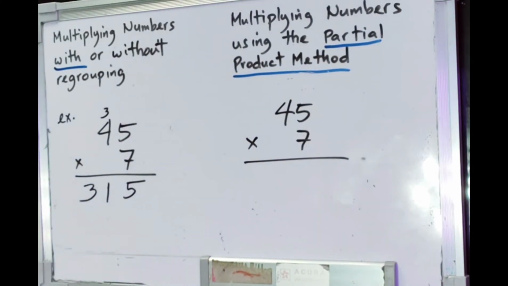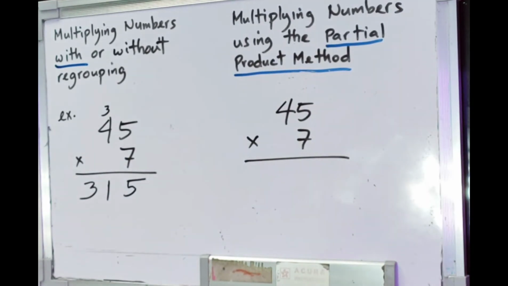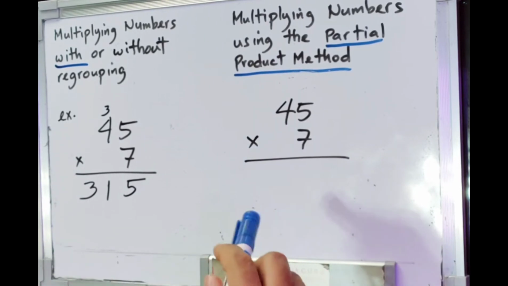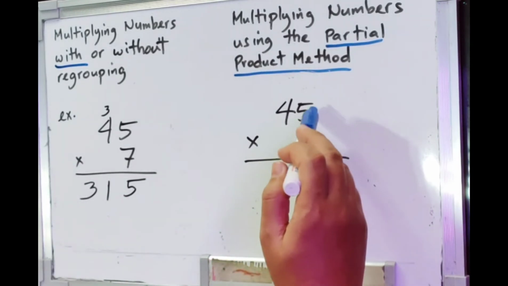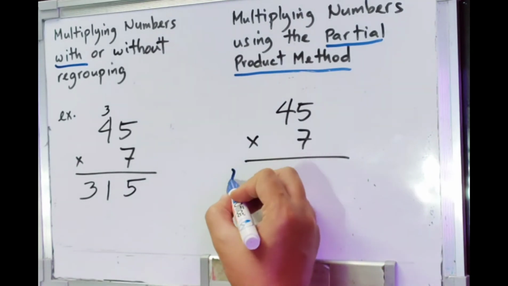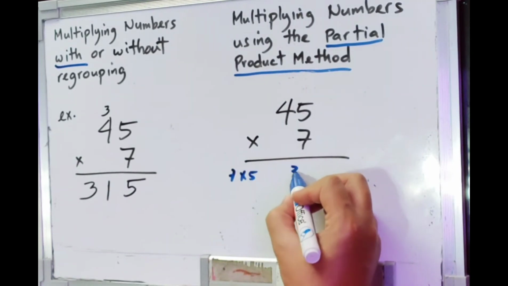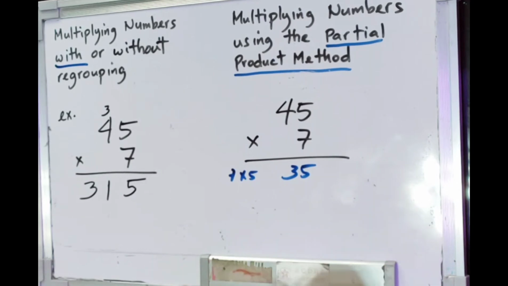But if you want to use this technique, the partial product method, so what do we do? We need to do the multiplication digit by digit. But remember, always consider the value of the digit. So for instance, 7 times 5, that's 35.